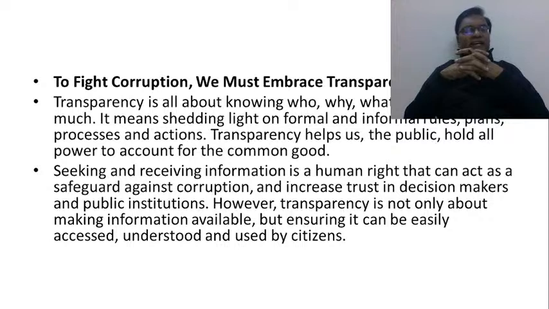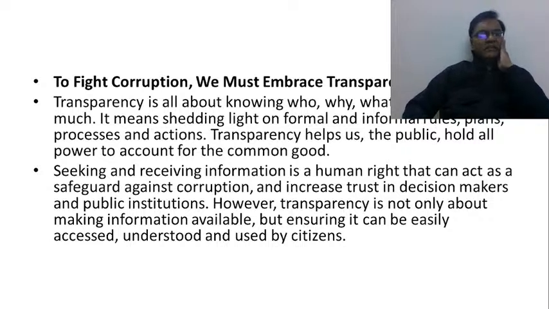Right now, if you look at our government, we simply don't know how the decisions are made by the government. We don't know who is taking those decisions. We don't know why the decisions are taken. We don't know what those decisions are. We don't know how the decisions are taken.